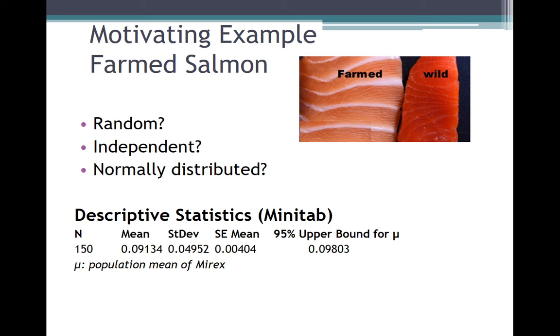So again, what you would have gotten was x bar plus or minus z star times the standard error. So in this case, that's 0.0913 plus or minus our standard error, which was 0.00454.